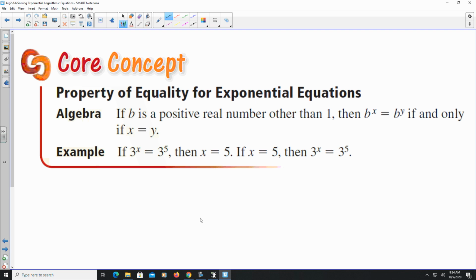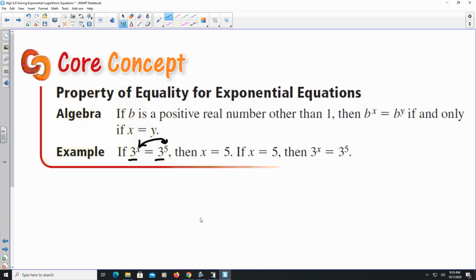So if you have the same base on both sides of the equation, like this particular one, 3 to the x power is equal to 3 to the fifth. Since they have the same base, we can just set the two exponents equal to each other and then solve. So in this instance, x equals 5.